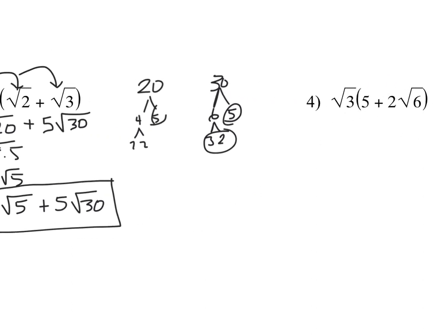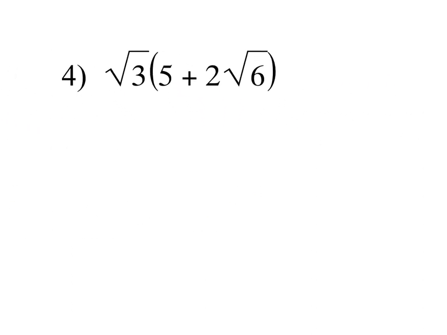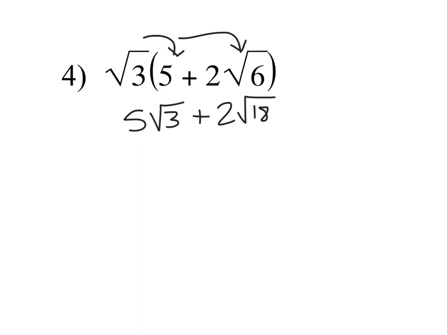Okay, second example, distributive property again. This time I have the square root of 3 outside, so we're going to multiply that by both terms. 5 times the square root of 3 is 5 square root of 3, plus the square root of 3 times 2 square root of 6 is 2 times the square root of 18.